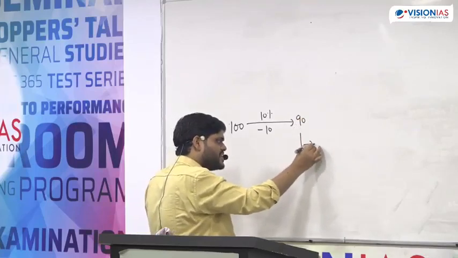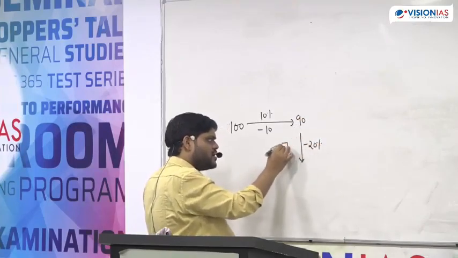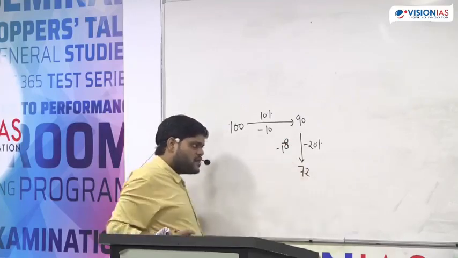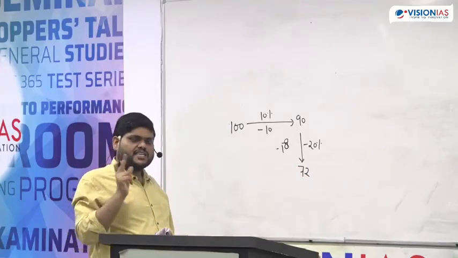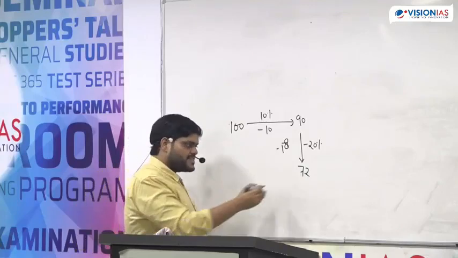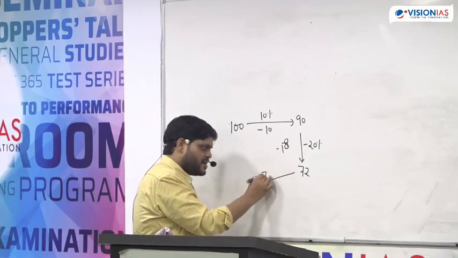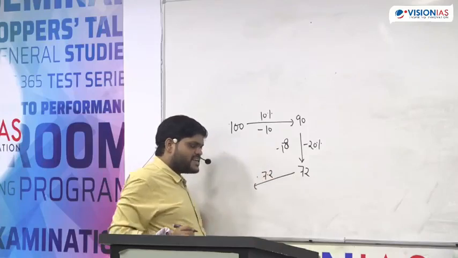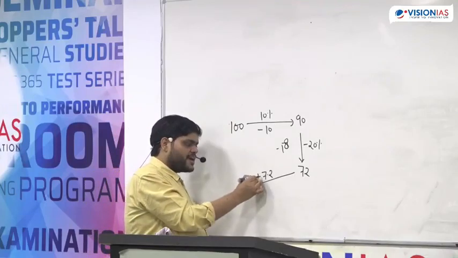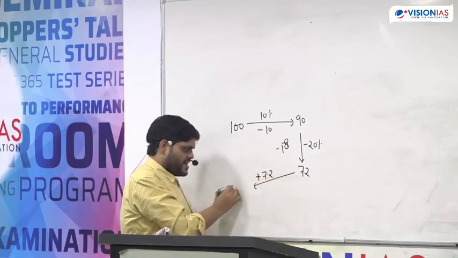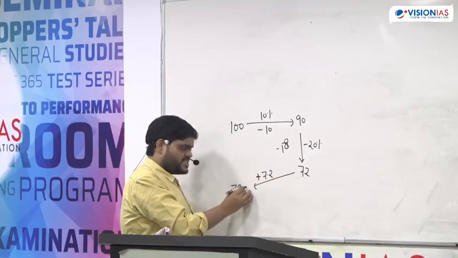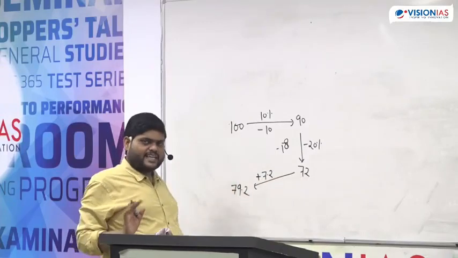Then you are giving 20% discount, 20% of 90 is 18, so this becomes 72, and then you are paying 10% as a service tax. So how much service tax you are paying? You are paying 7.2 as a service tax. Finally, in total you are paying 72 plus 7.2, 79.2. Are you getting my point or not?